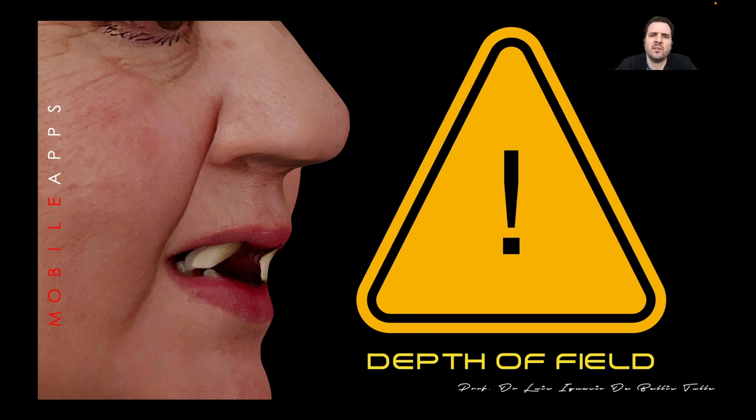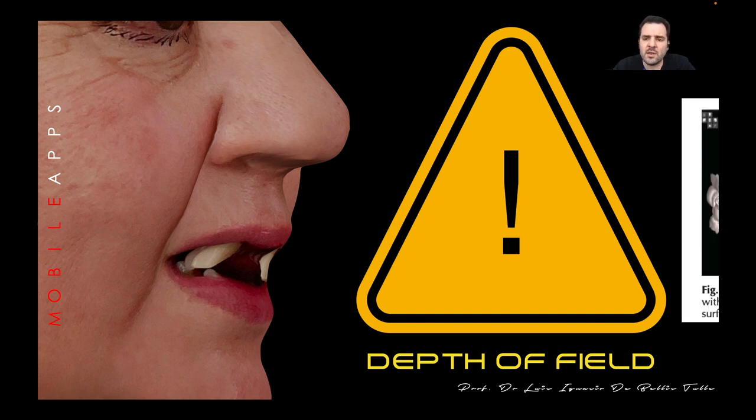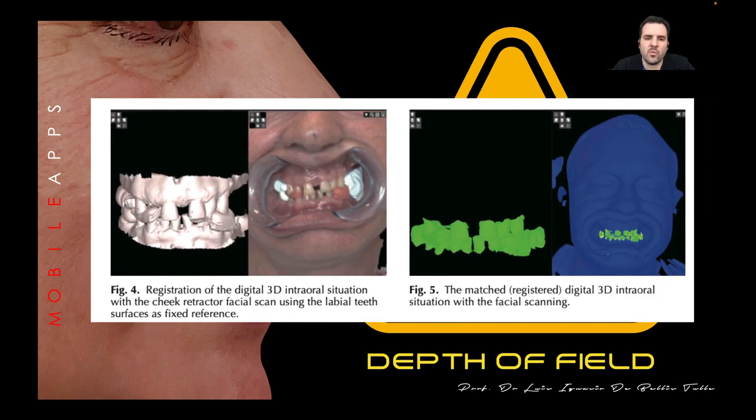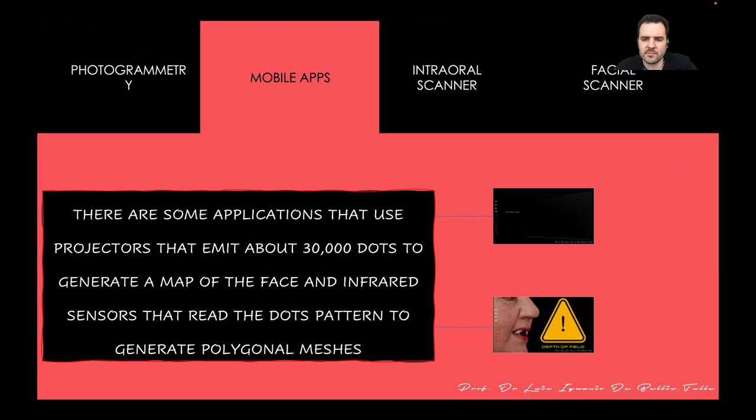And when we tried to match the intraoral scans to this face scan, we didn't get an exact correlation between the intraoral and extraoral, because what we need is this depth of field so that when we make our mesh to mesh merging, we get a nice result.